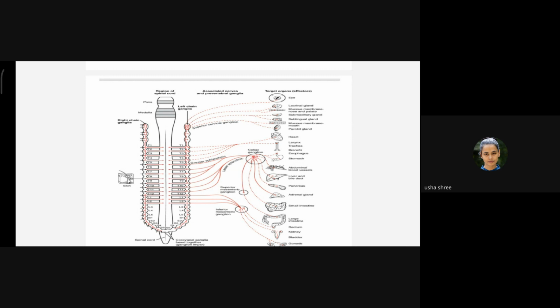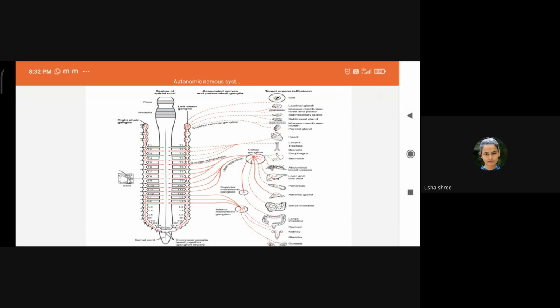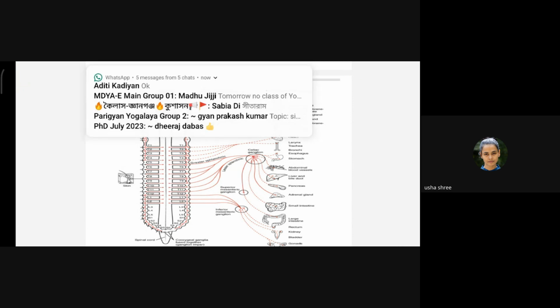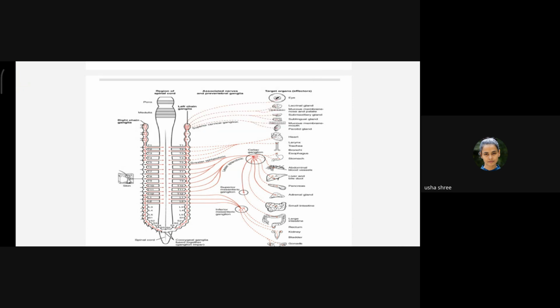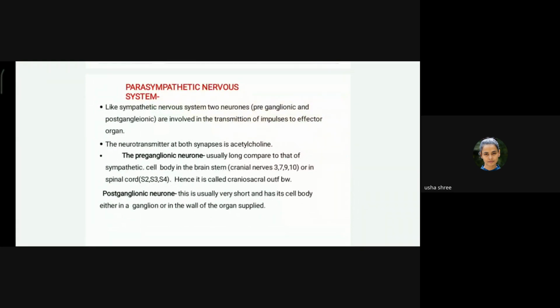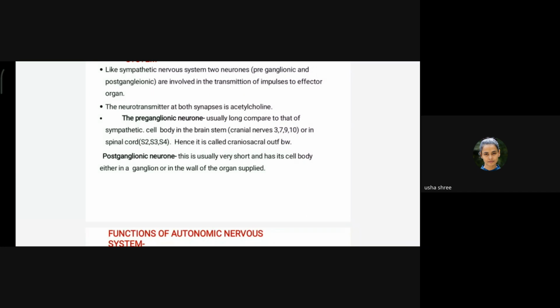When our sympathetic nervous system is activated, the neurons of the thoracolumbar region are activated, and when our parasympathetic nervous system is activated, the neurons of the cranial or sacral region are activated. So in the parasympathetic nervous system, it is craniosacral outflow.